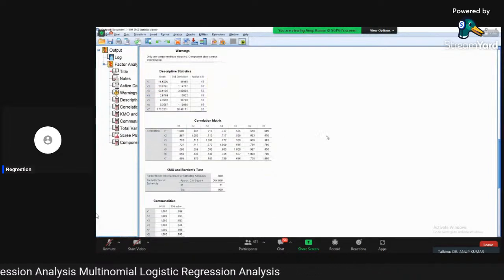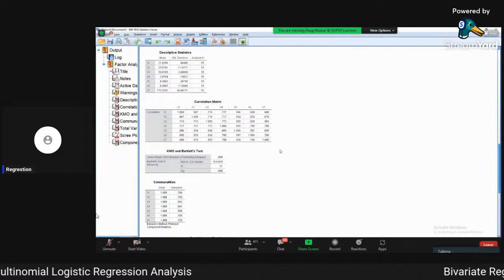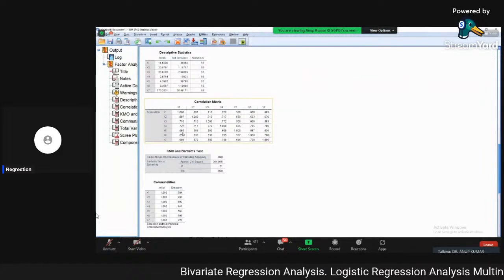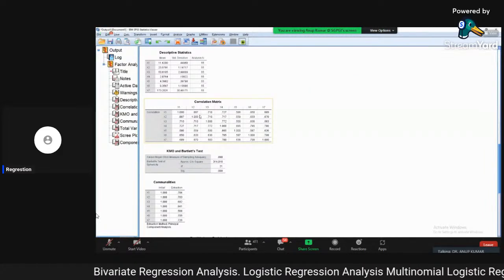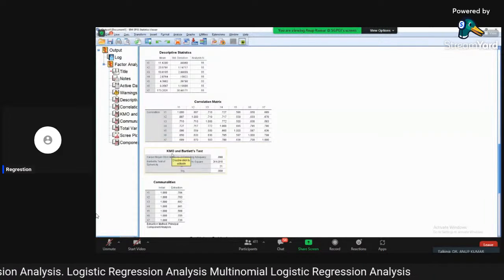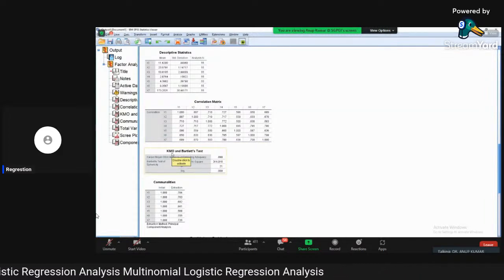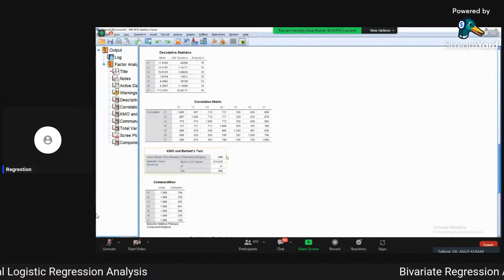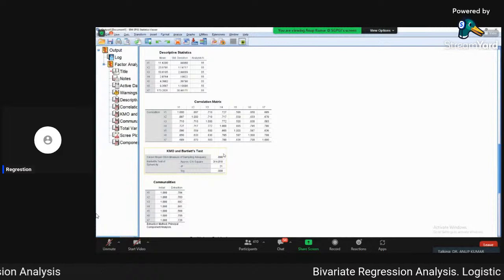Now, if we move to the correlation matrix, you can see that most of the correlations are more than 0.3. So it is good data to go for factor analysis. Okay. Now, what is this KMO test? I already told you that if this KMO is more than 0.90, it is a really very good model.